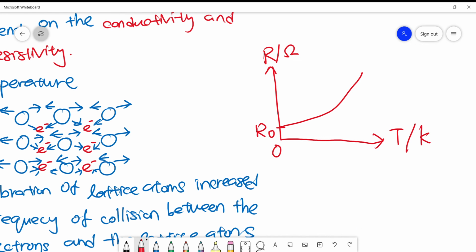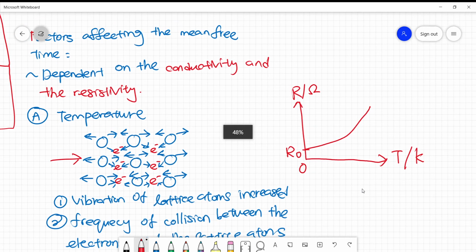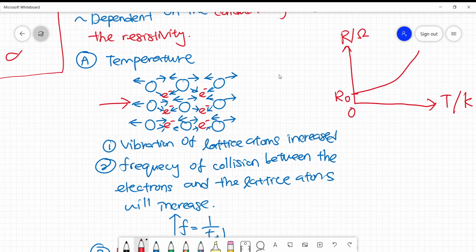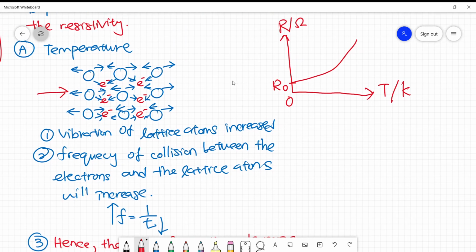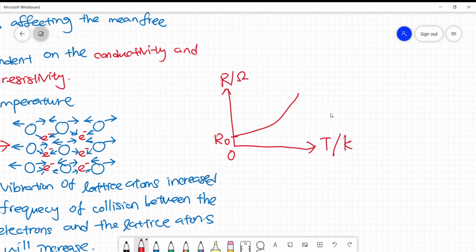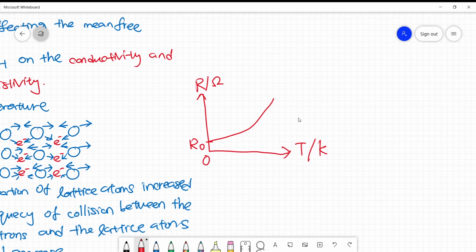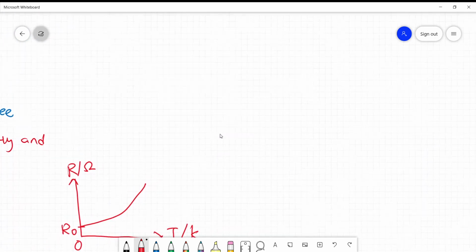So this is the concept. Alright, so actually the mean free time consists of only one factor, which is the temperature. We have done the mean free time, and let's move on.